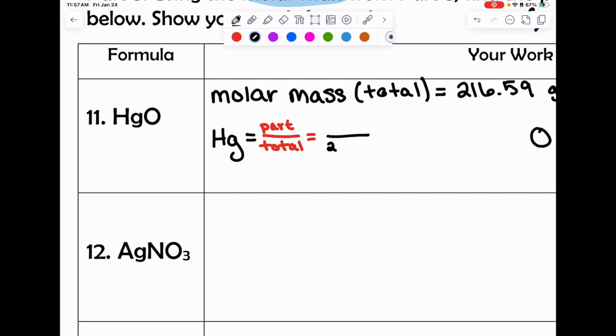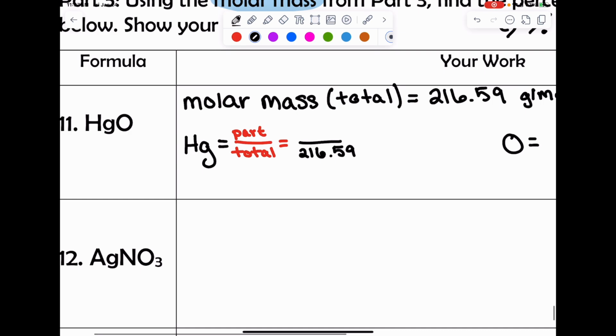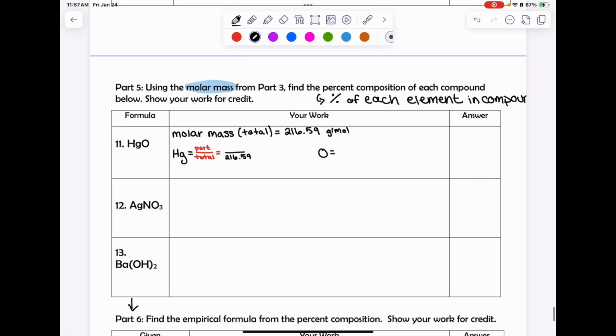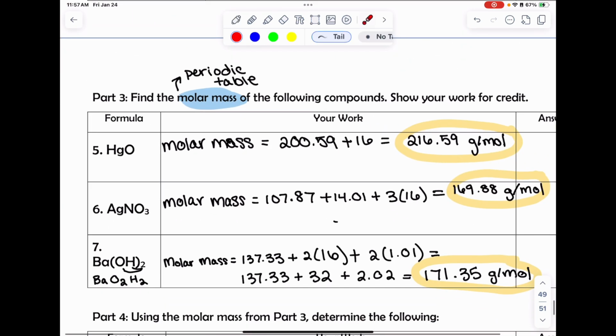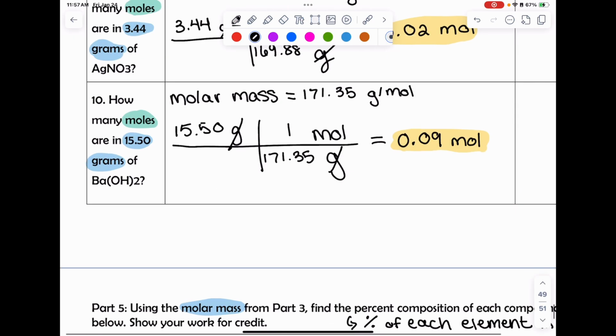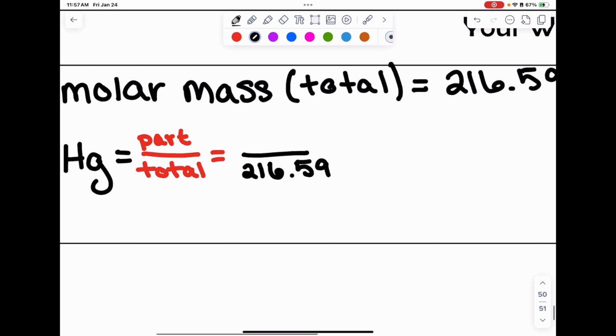I'm going to go ahead and write that on the bottom since we already have it. So what is the mass of Hg? Well, if you go back and look at part 3, we have Hg and O. This was Hg, this was O. So Hg has a mass of 200.59.